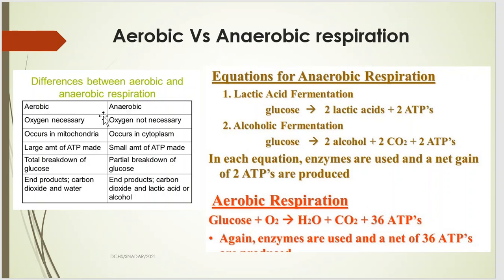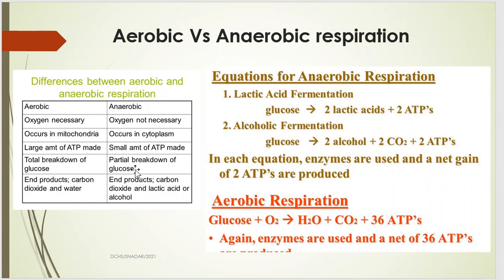Now, when we compare how much energy we get from it, a large amount of ATP is made from aerobic and a very small amount from anaerobic. Aerobic respiration yields around 36 to 38 ATP molecules, but anaerobic gives maybe only 2 ATP molecules. In aerobic, the glucose is completely broken down into carbon dioxide and water.